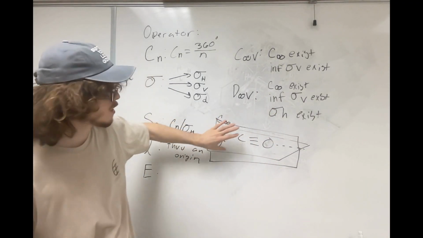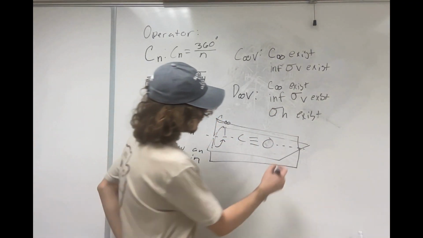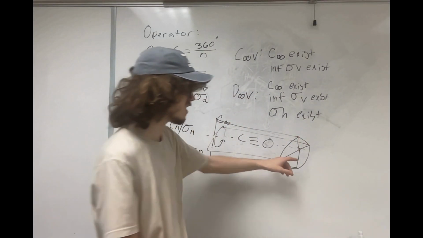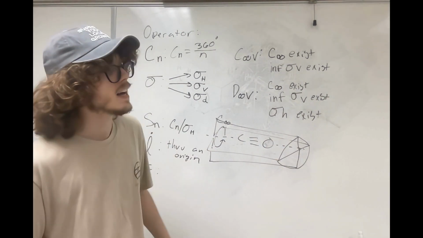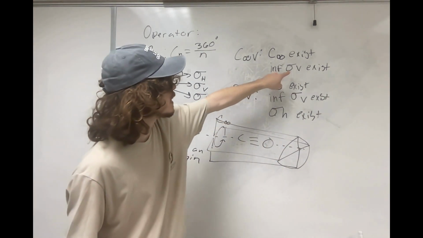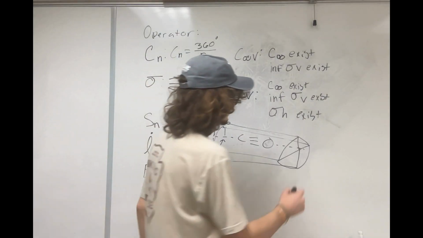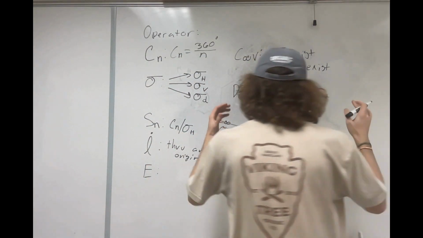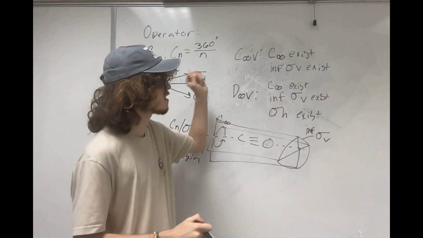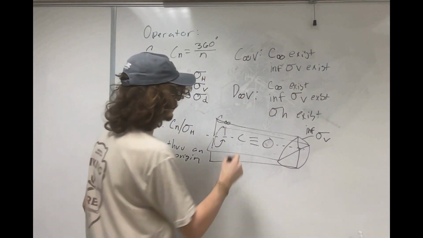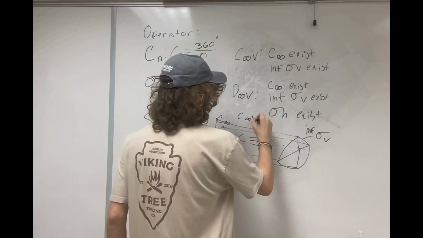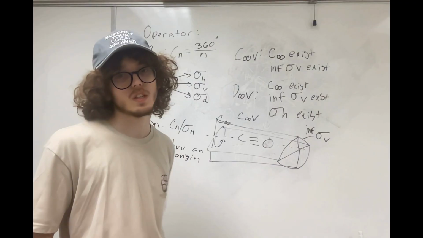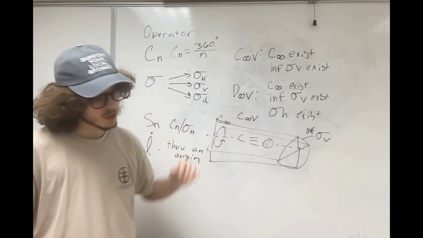Every single one you could fit in this circle here exists. So this is like a little cylinder you could think of, a cylinder that is made up of an infinite amount of sigma v's. So there's an infinite amount of sigma v, and because that's true and sigma h does not exist, this is going to be C infinity v symmetry.